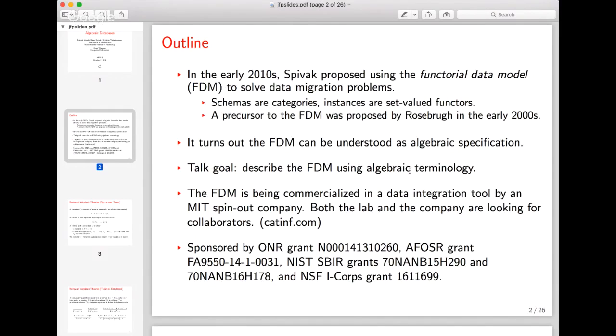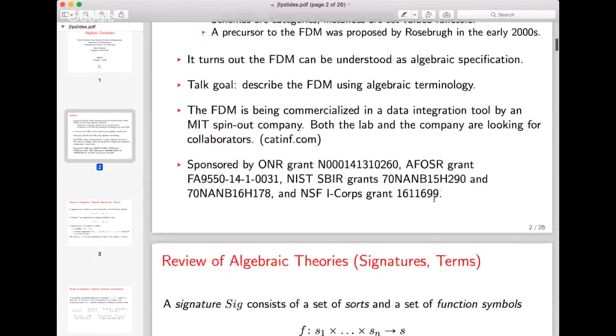It's based on logic, and in this talk I'll be showing the logic side of what's happening in functorial data migration. This algebraic approach is also the approach used in the newer versions of the FQL tool, which is being commercialized by the company.